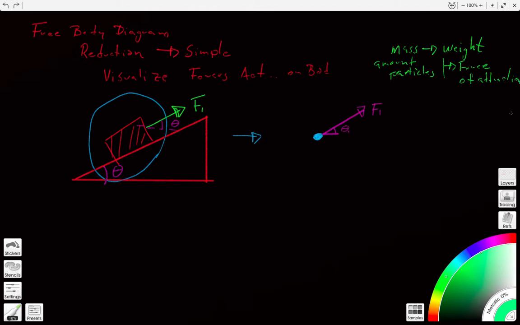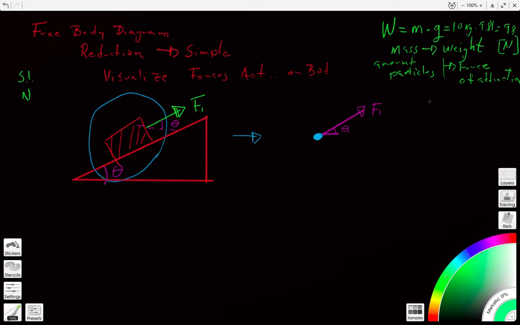In SI units, the unit for force is the Newton. How do we get the weight of an object? Weight is equal to the mass times the acceleration of gravity. For example, if we have a mass of 10 kilograms, we multiply that by 9.81 and we get 98 newtons.